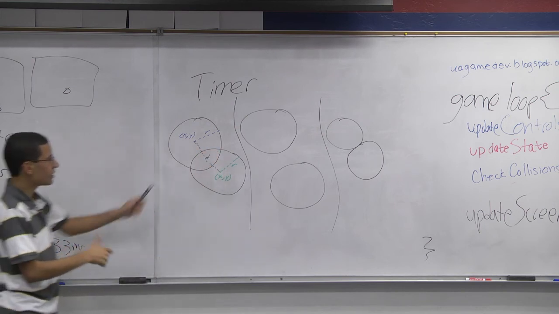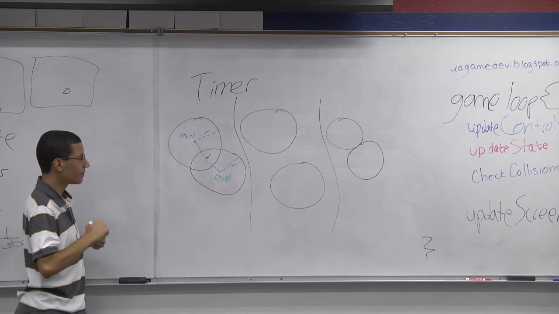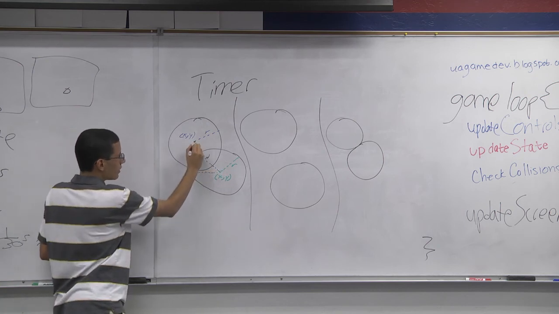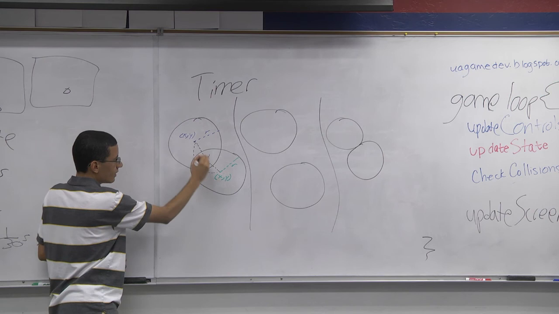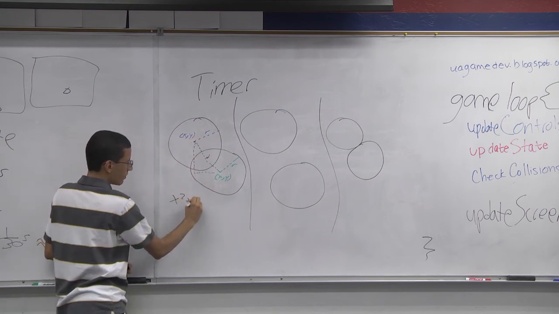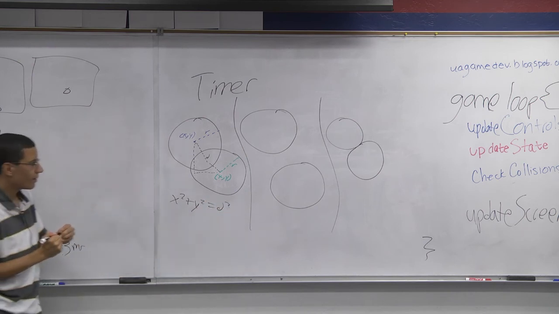So we can calculate the distance between the centers of the circle by using the Pythagorean theorem. So we can measure the difference in x and the difference in y and figure out what this D is. So x squared plus y squared, D squared. Okay.